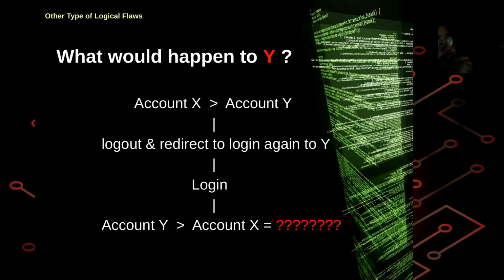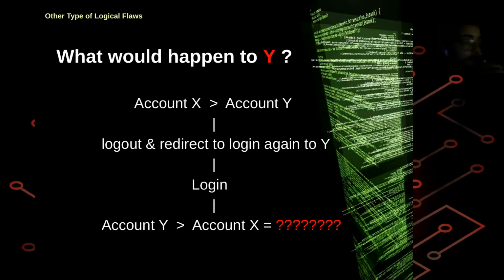It's like we are putting the X request from account X inside account Y, and then we send our request, and we find that Facebook logs out our account and redirects us to log in again to Y.